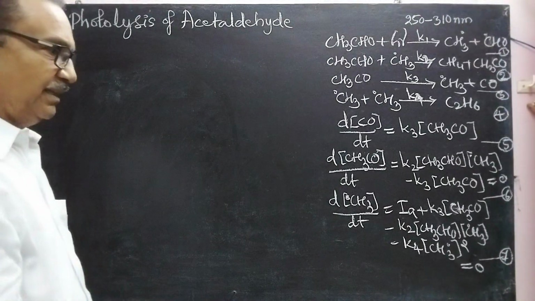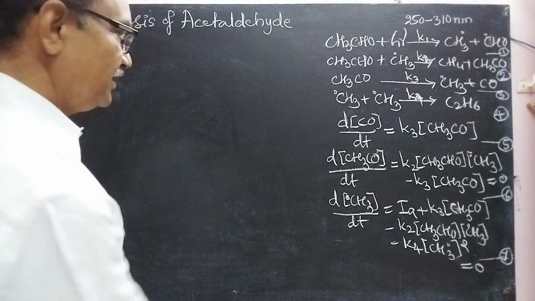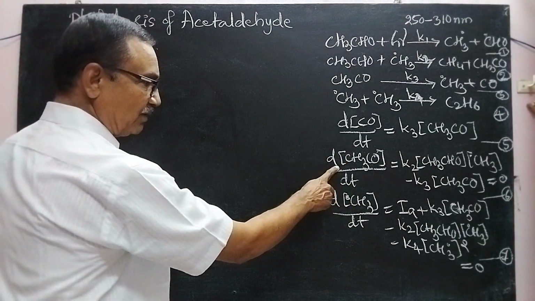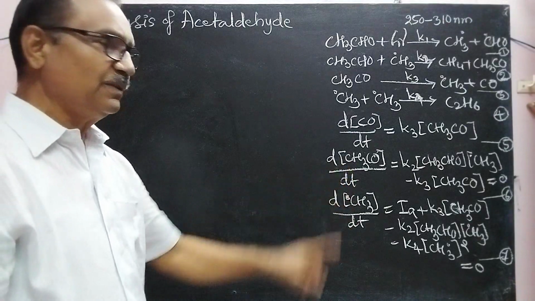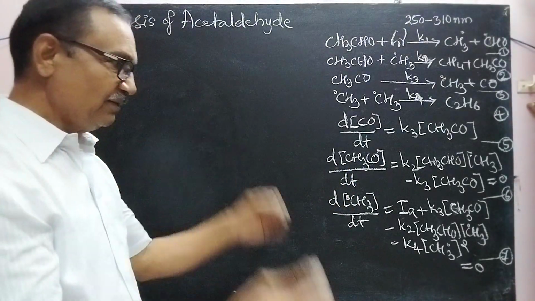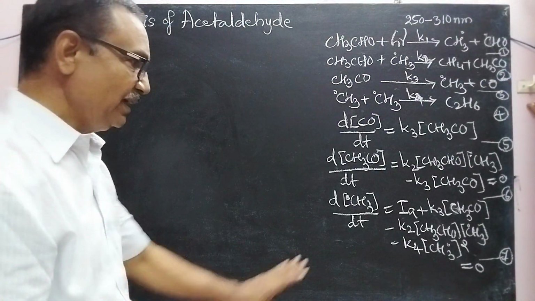Okay, we got these things. Then we want to apply this. This is also equal to 0, and this is also equal to 0. If we subtract one from the other, 0 minus 0, again we are going to get 0.